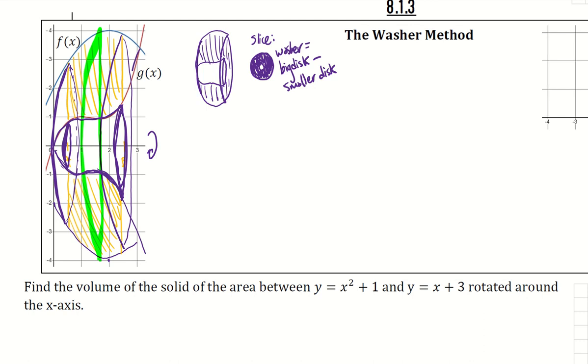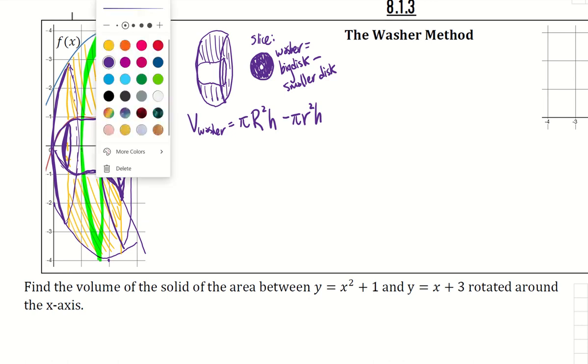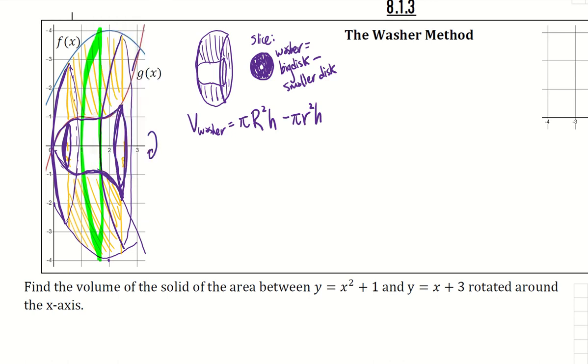So if you think about the volume of a washer, and knowing that it is a disk minus another disk, what I'm going to do here is create different radiuses. Looking at my original figure, when I'm rotating around the x-axis, my larger radius is going to be this distance.